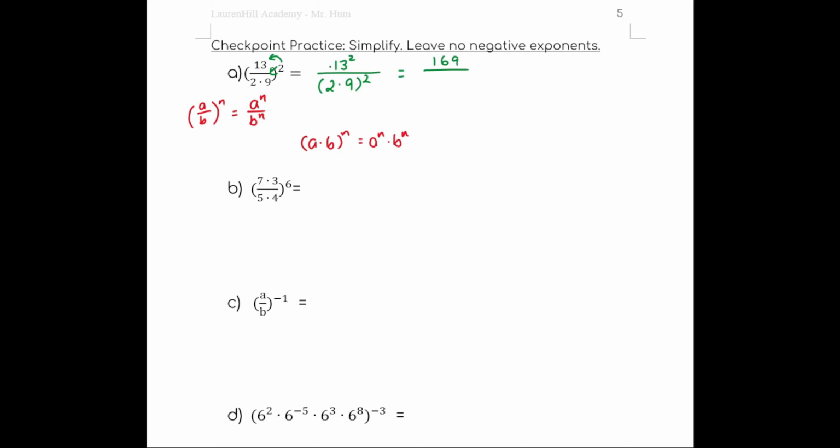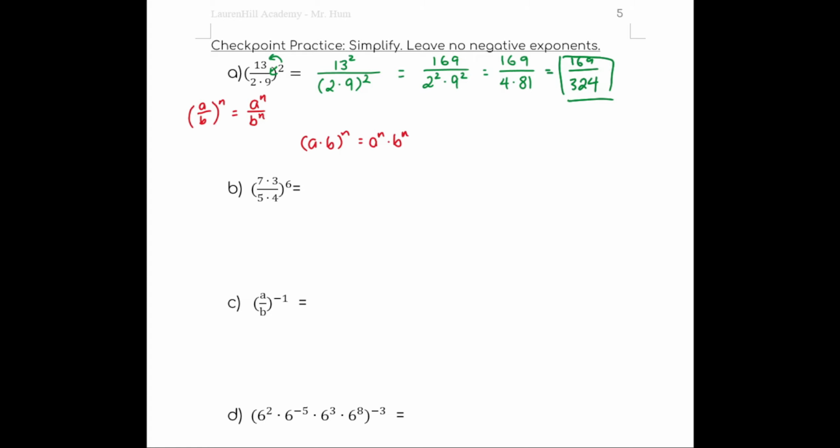So this is going to be 2 to the power of 2, the 2 gets distributed onto that 2, and it also gets distributed onto the 9. And that's going to be 169 over 4 times 81, which is 169 over 324. That's the answer for A.